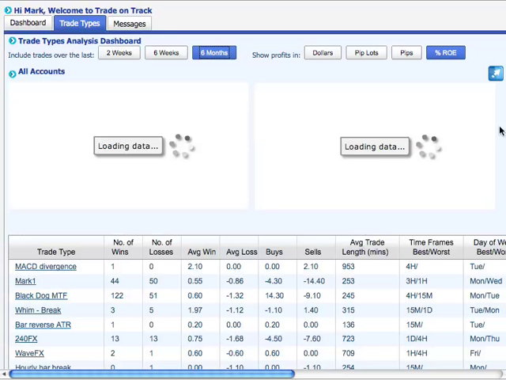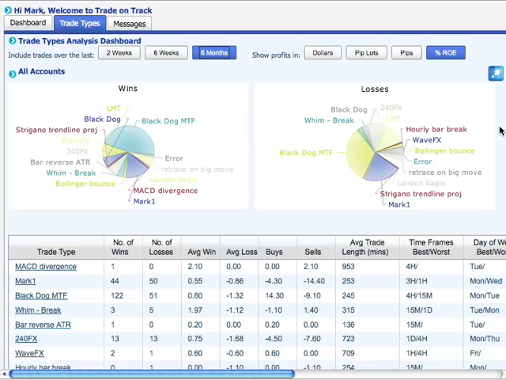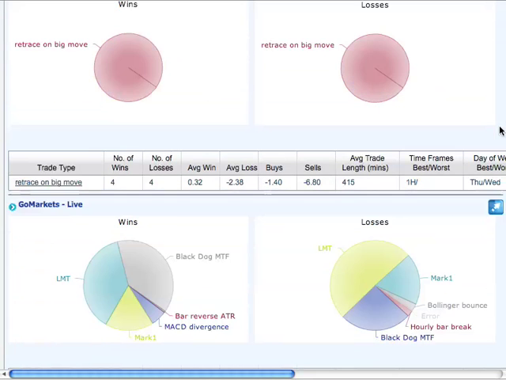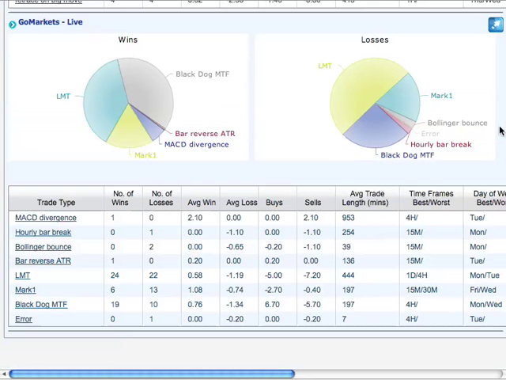I'll go to 6 months. If we scroll down to something meaningful, let's say we want to publish this particular dashboard to a separate web page that we can give anyone access to.